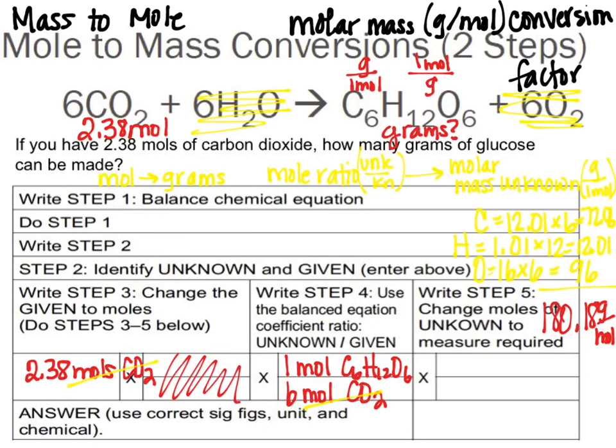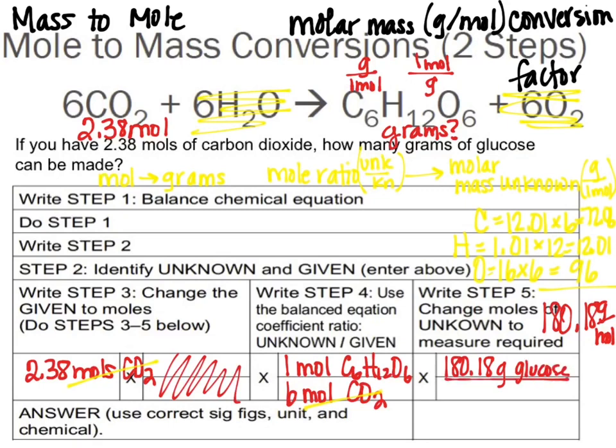So now we'll put it into the problem where what goes on top, what goes on bottom. Well, I know we're going to the unknown, but we're using the molar mass of our unknown. So grams has to go on top, so 180.18 grams of glucose.